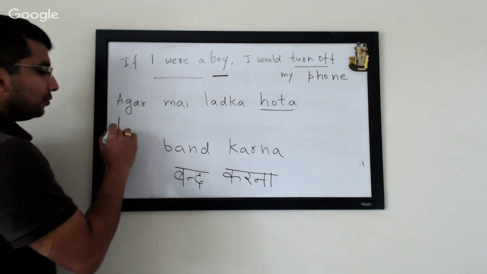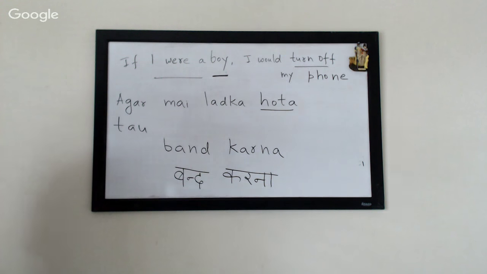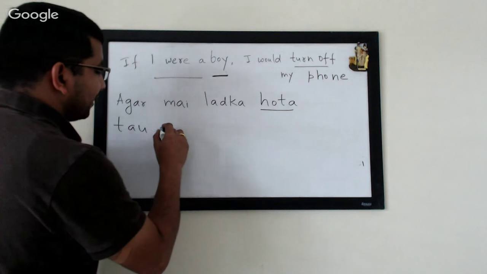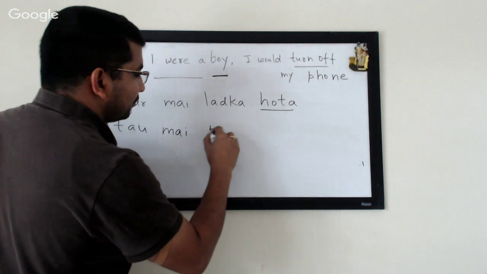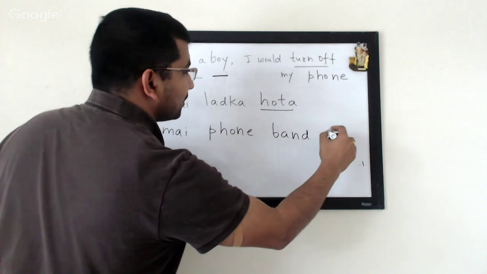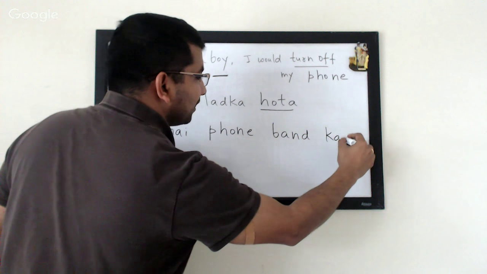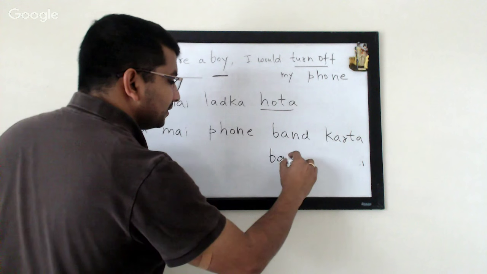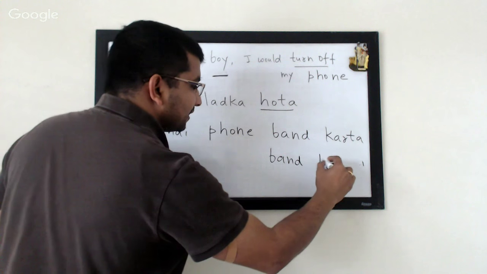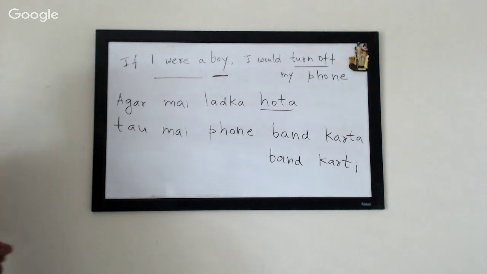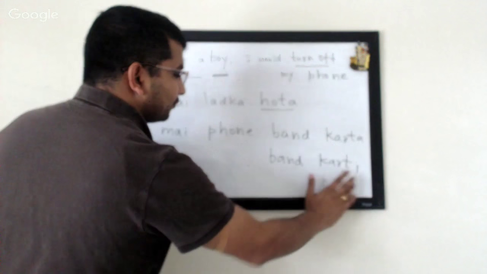Okay, तो मैं फोन, you can just use phone, बंद, turn off. तो मैं फोन बंद करता, for a guy, or for a girl, मैं फोन बंद करती. Okay, मैं फोन बंद करता and मैं फोन बंद करती for a girl.